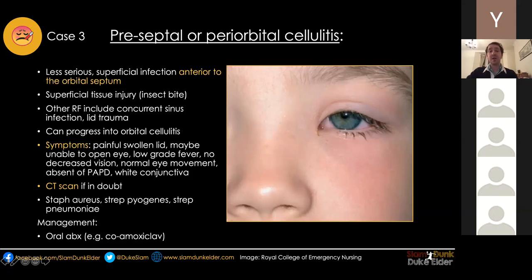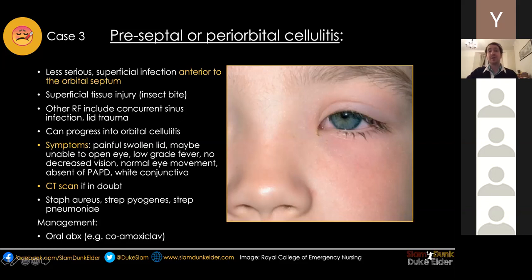You wouldn't necessarily have a high grade fever, no change in vision, normal eye movements. But there's quite a bit of symptomatic overlap, and the CT scan is what you would do if you're unsure of diagnosis. In particular in children, you'd have a very low threshold for doing a CT, because obviously you don't want to miss an orbital cellulitis.